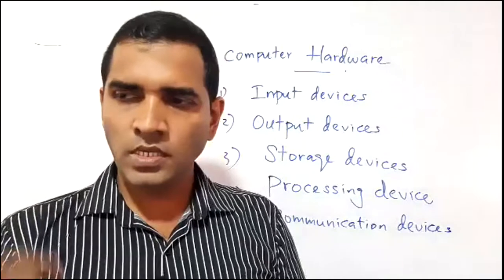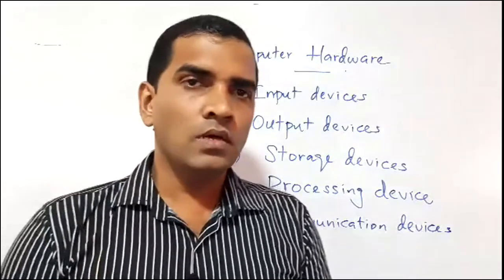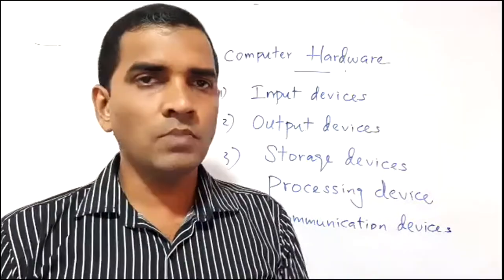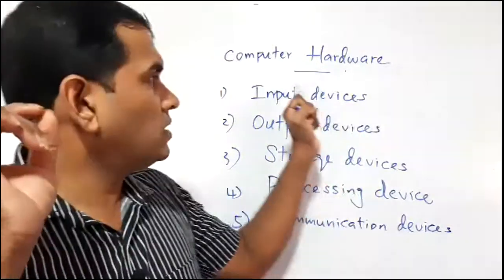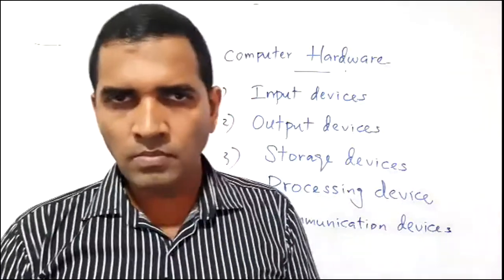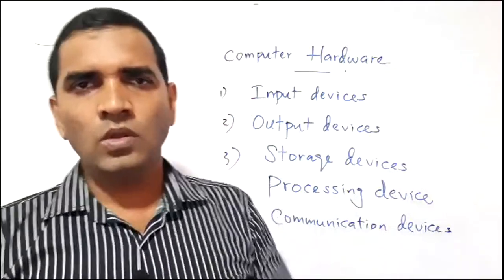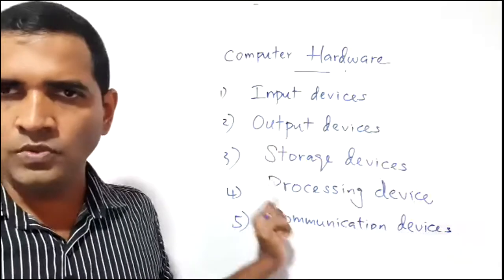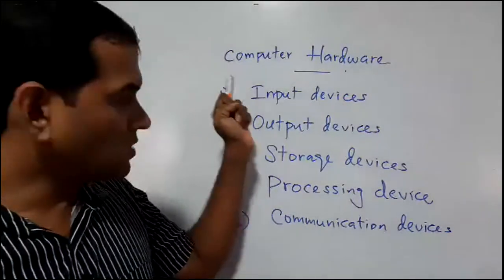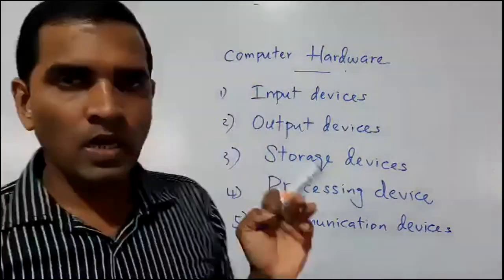Hereafter, we have to take every type of the hardware and take some examples. We have to understand the term input device, and then we must take some of the examples. That's enough. Not only for input device, we have to do this for all these 5 types. Okay, let's come back again. So what is hardware?